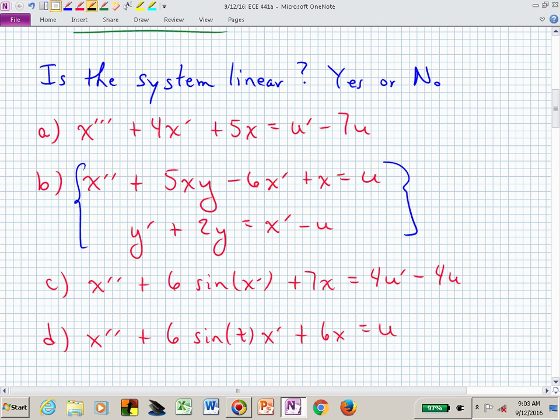So you can just write down A, B, C, and D, yes, no, whatever your decision is on that. You're not turning this in, but I do want you to do it. Maybe I will just eyeball and do a visual compliance on who's doing it and who is not doing it.